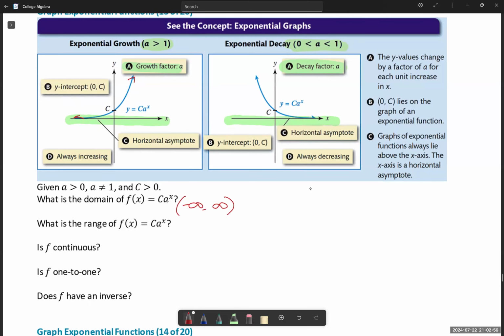The range, however, actually has a restriction because it will never cross the x-axis. So it's going to be strictly from 0 to positive infinity. And notice that I didn't include the 0 in the set. The reason is because it won't actually touch 0, because there's an asymptote at y equals 0.